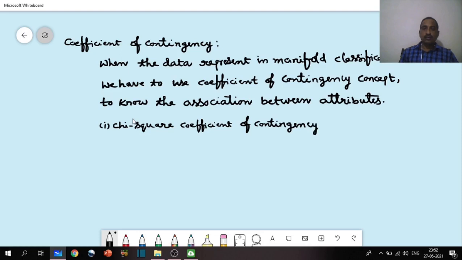It is denoted by chi-square, and defined as summation of O minus E whole square by E, where O means the observed frequency and E means the expected frequency. That is the chi-square coefficient of contingency.